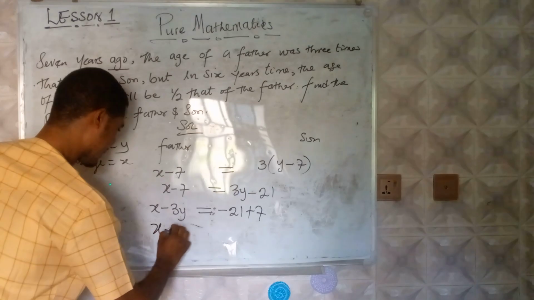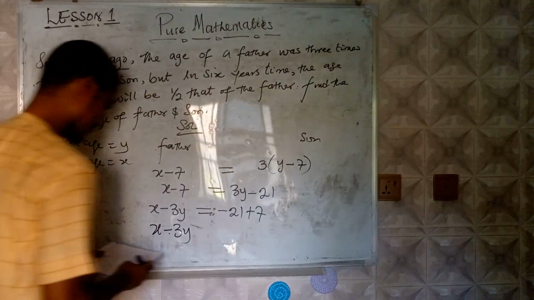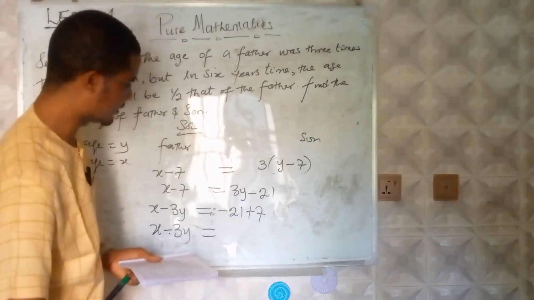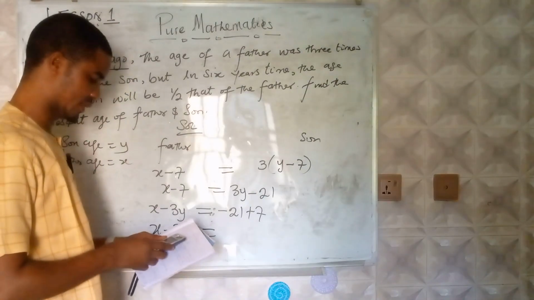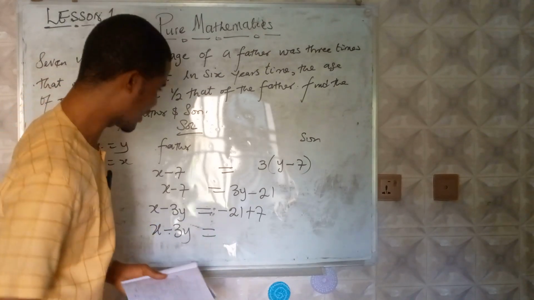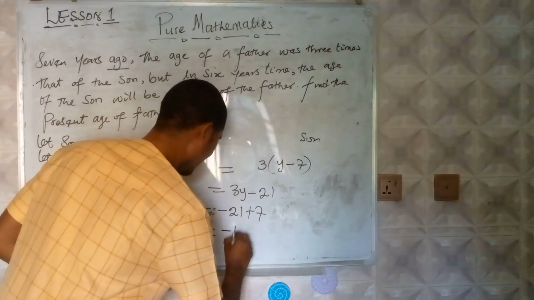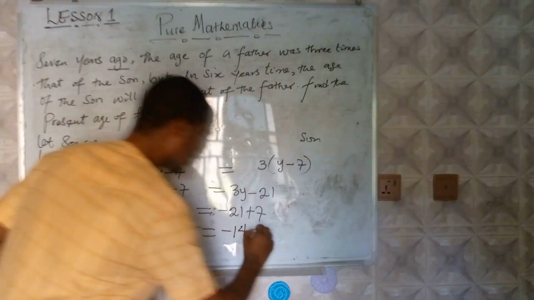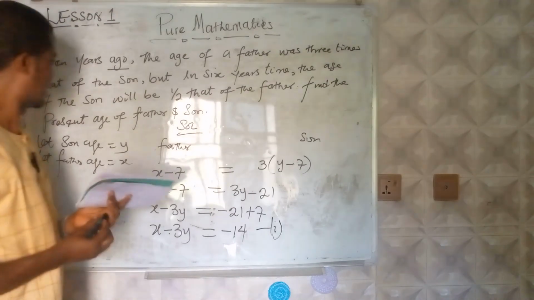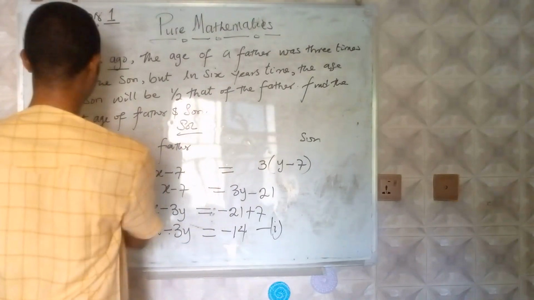Minus 21 plus 7 will give me minus 14. Okay, I call this equation 1. So I go for equation 2.